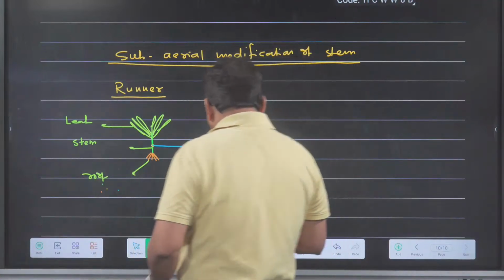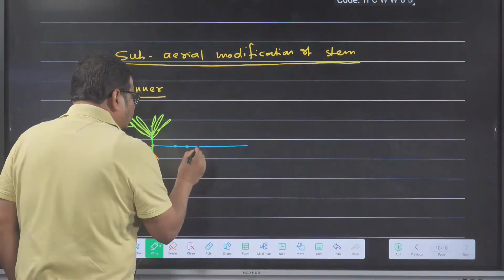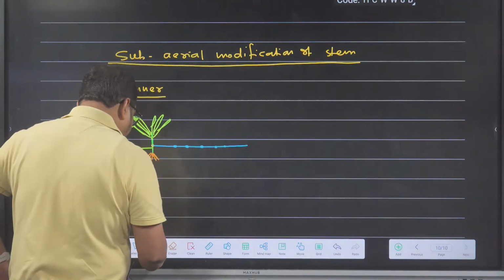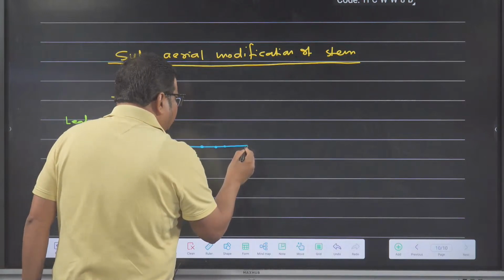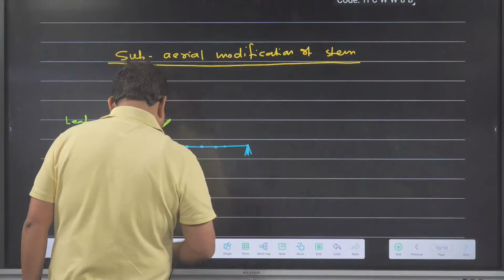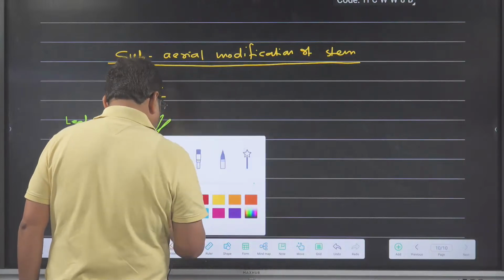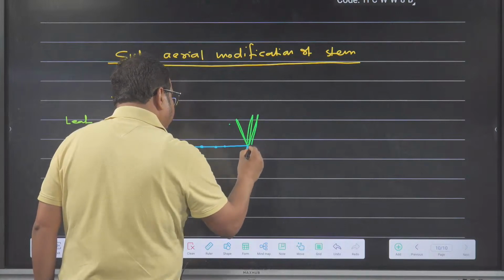Now along these branches, a lot of nodes and internodes are there, but where a node properly touches the soil, roots arise from there and leaves arise.